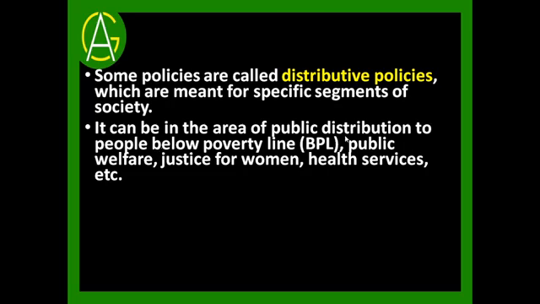So under public distribution system, the people below poverty line are given ration through their ration cards. Besides that, public welfare activities are done, justice for women, justice for underprivileged people, health services to the underprivileged or poor people. These are given free of charge to all these classes of people.